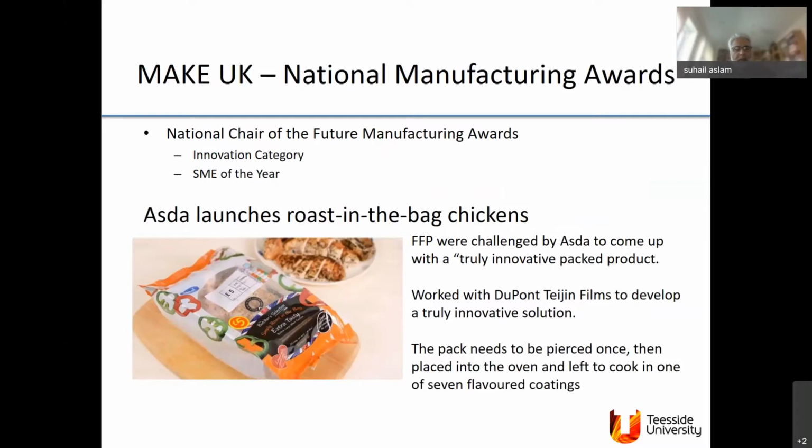And recently, I was tasked with assessing this product, a roast in the bag chicken product. I applied the same principles of the R&D scheme when I look at innovation. And I think this company really addressed many of the issues and challenges from an R&D perspective that aligns very closely to the R&D scheme that is laid down by HMRC.